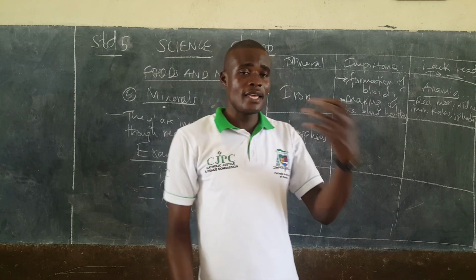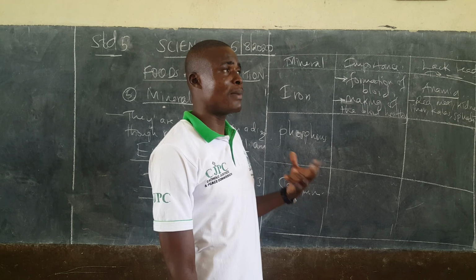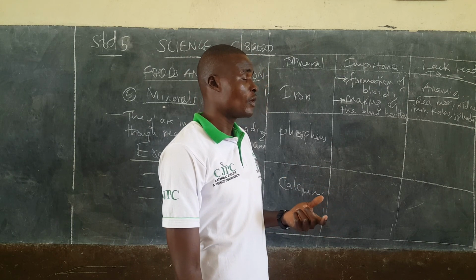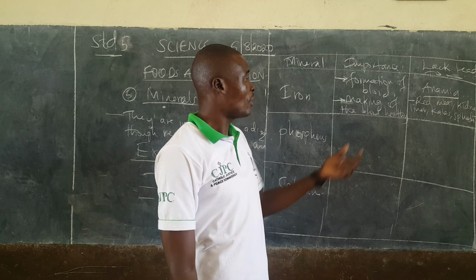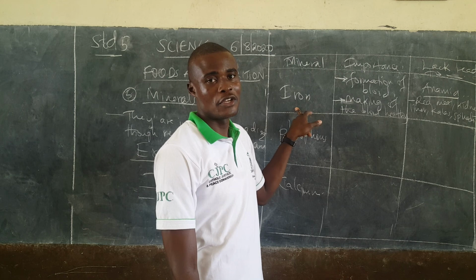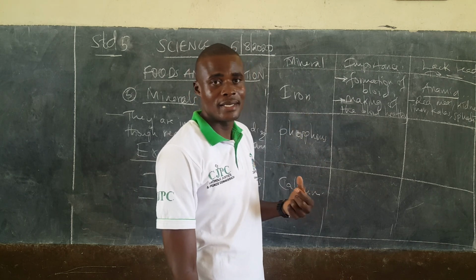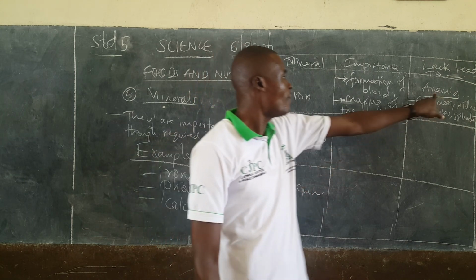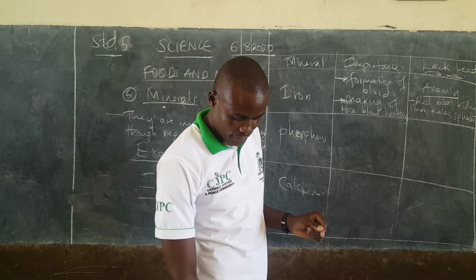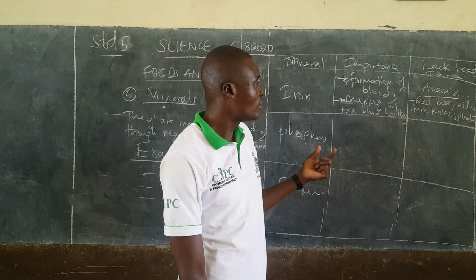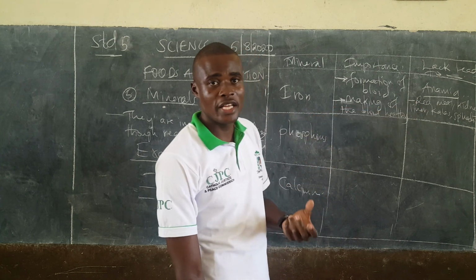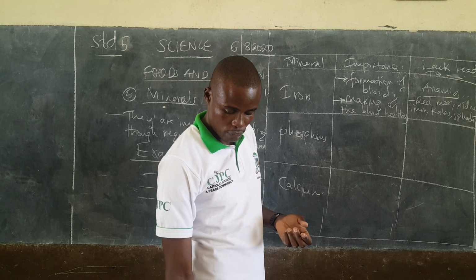Because they have a lot of blood loss during their menstrual flow, they need to get a lot of this food to add a lot of iron, so that their body does not lack blood. They don't suffer from anemia. That question normally comes in examination. I need to know it. They eat a lot of this to prevent them from anemia, especially after their menstrual flow.